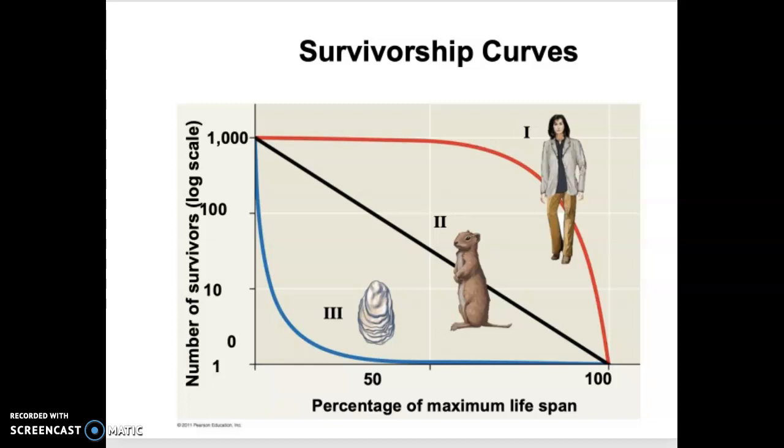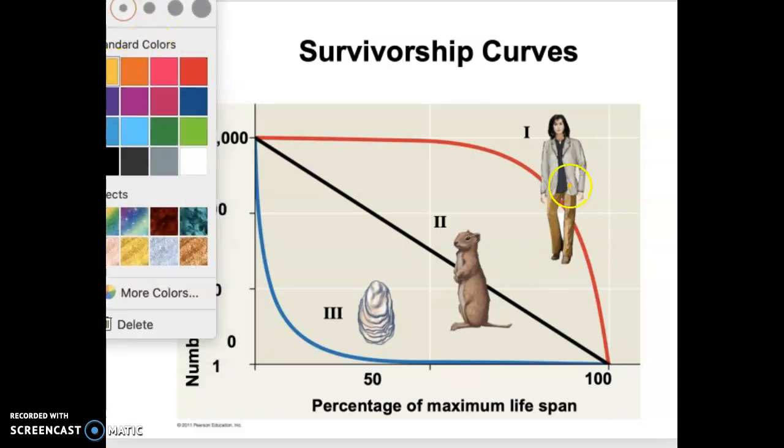There are always exceptions to how well a species fits into a curve. But what we try to do is generalize it and say, okay, typically you can expect this to happen if you're a type 1 or a type 2 or a type 3 in regards to survivorship curve. So that's what I want you guys to focus on and take a look at here.